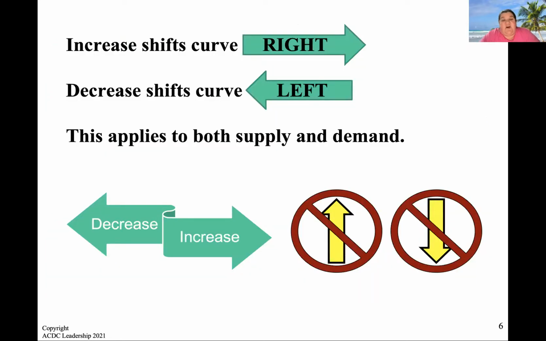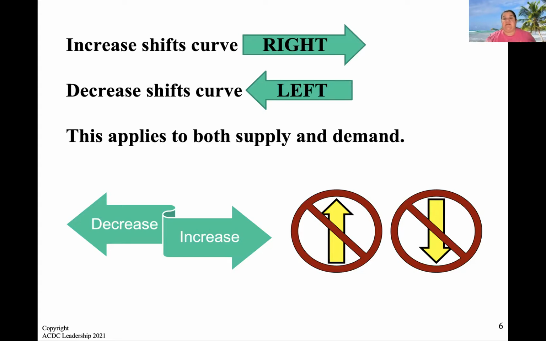Okay, a couple of other general reminders. When we're talking about shifts in the demand curve or shifts in the supply curve, never, never, never are we going to use the terms that the shift is happening up or down. We're always going to talk about the shift occurring left or right.